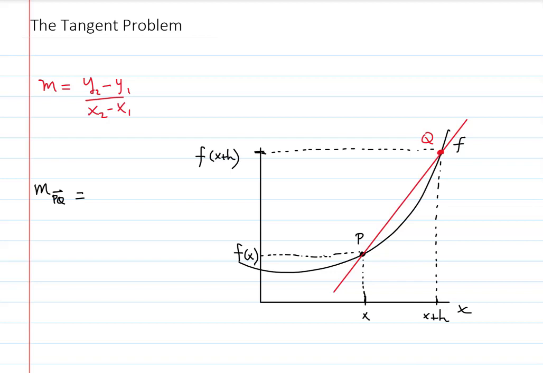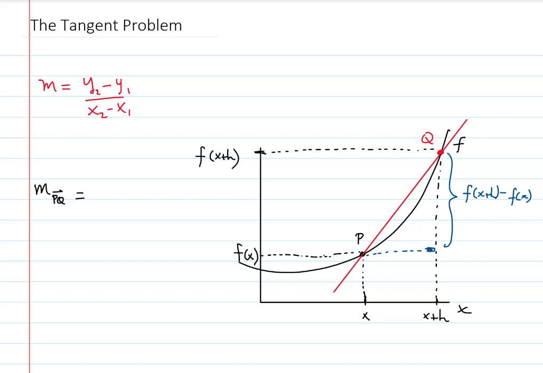If you form your triangle there, this distance would be this y minus that y, so we'll have f of x plus h minus f of x.